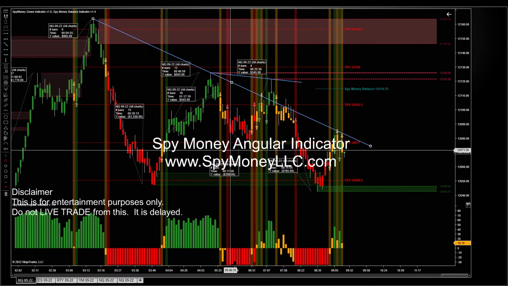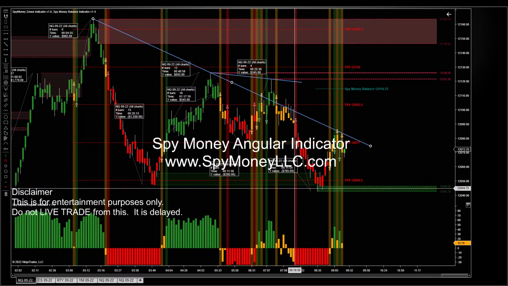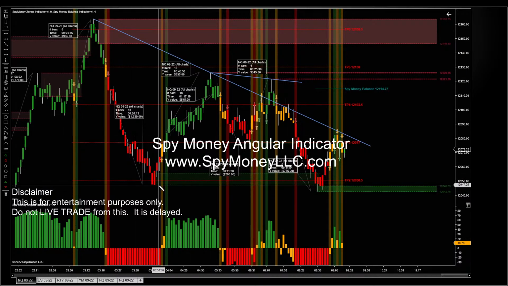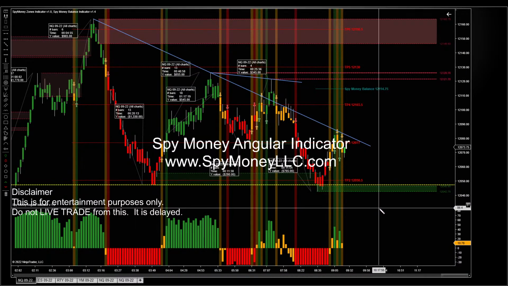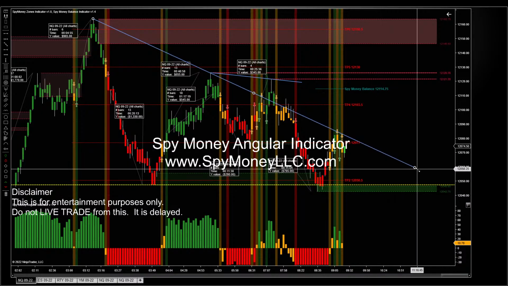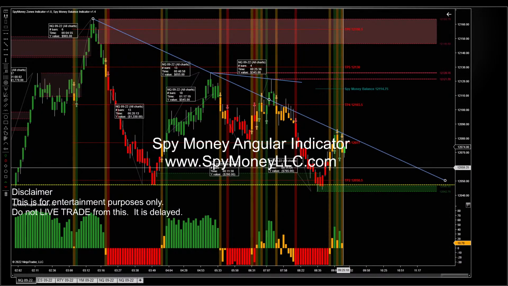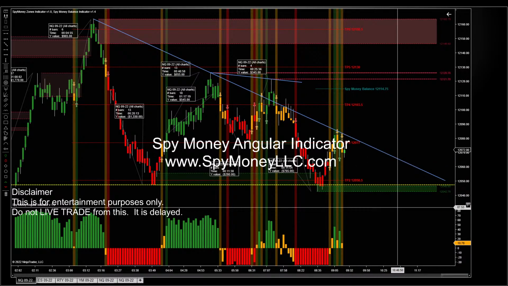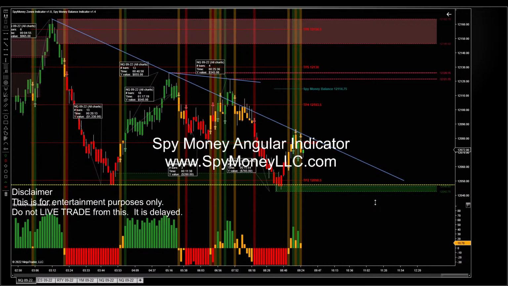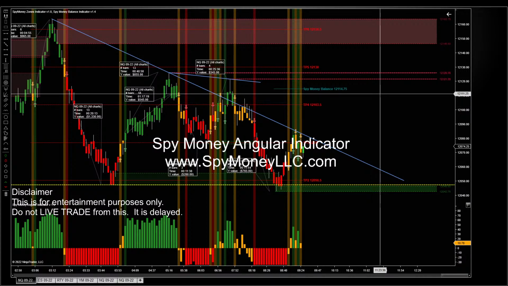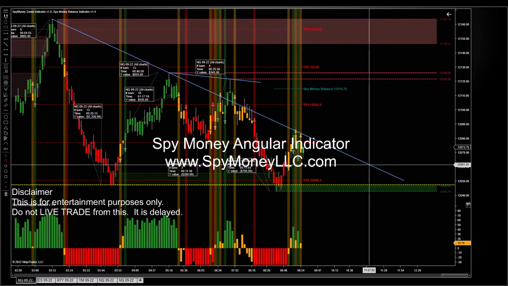Be nice to see it break out, but we got this descending triangle coming in right now. Everybody know what a descending triangle is? Right there. That is a bullish move. May come back down again before it comes out. It may shoot up right here.